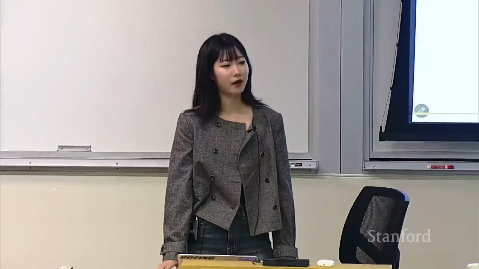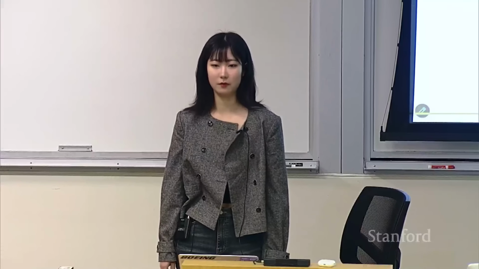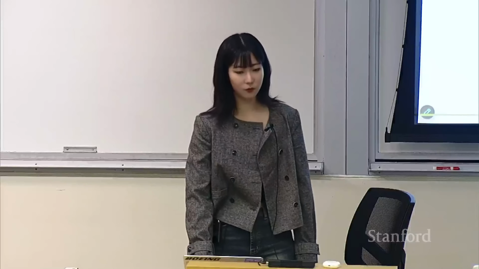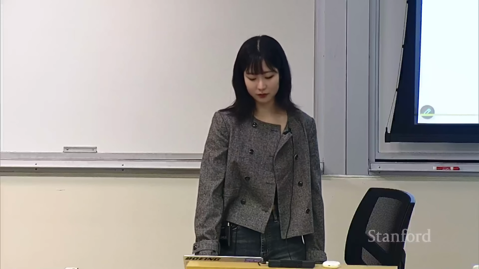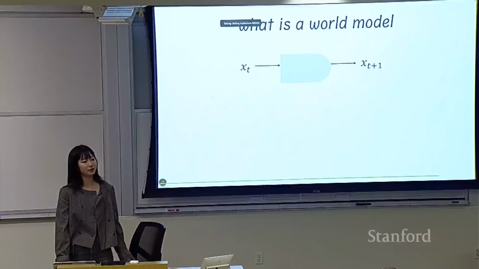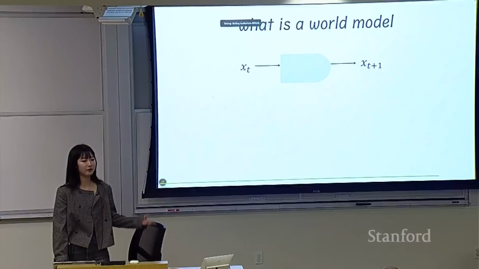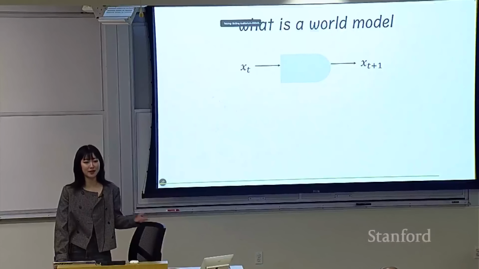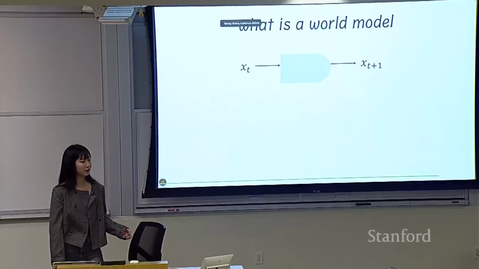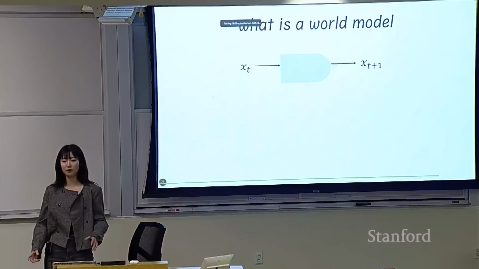So first of all, I think most of you may have heard of world models, and some of you may be really familiar with them. What is a world model? To talk about the world model, we should start with this. This is an autoregressive model, right? You get the previous state and you predict the next step. However, this is sometimes not enough to describe the world. Why? Because our world has uncertainty.